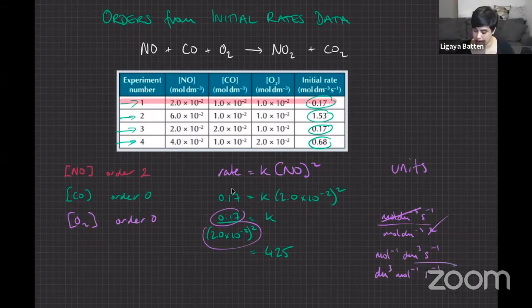And this would be our units. You probably wouldn't be marked wrong if you did the other one instead, but just know that it's a standard convention to do the second one. So when you're using experimental data to calculate K, you need to calculate both the value and the units. Okay, has anyone got any questions so far?